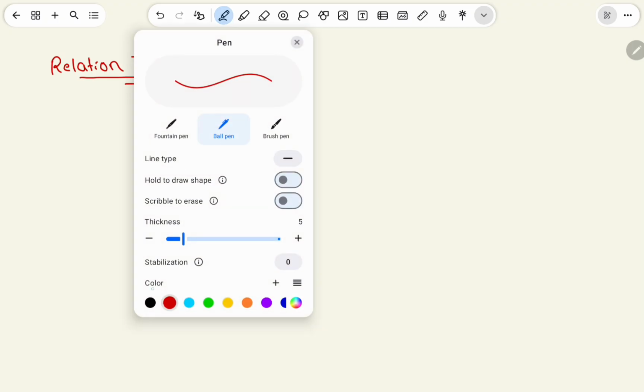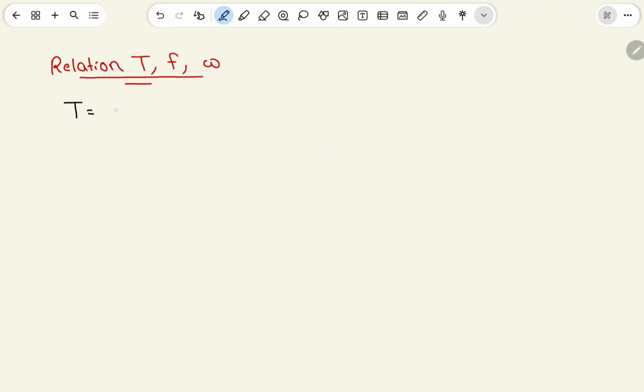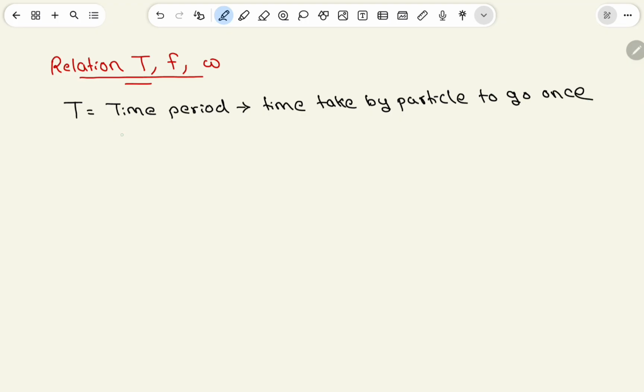Now, we all know that T, which is nothing but time period, is the time taken by a particle to go once around the circle. And that we all know is nothing but the circumference divided by the speed.